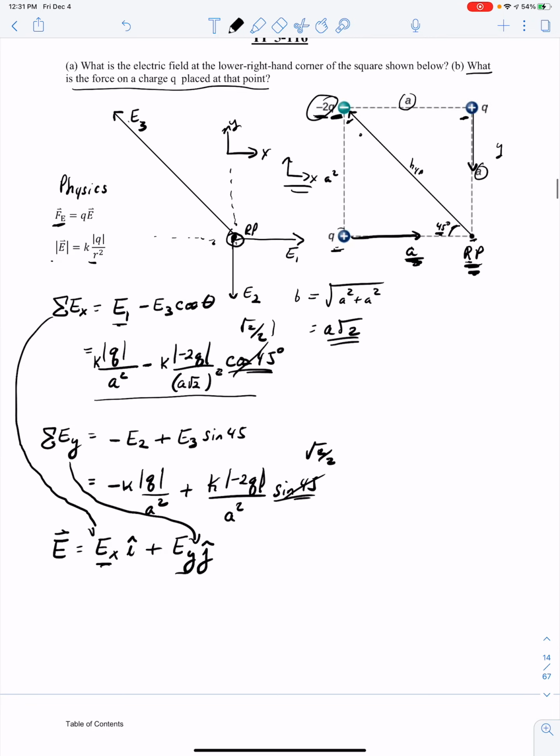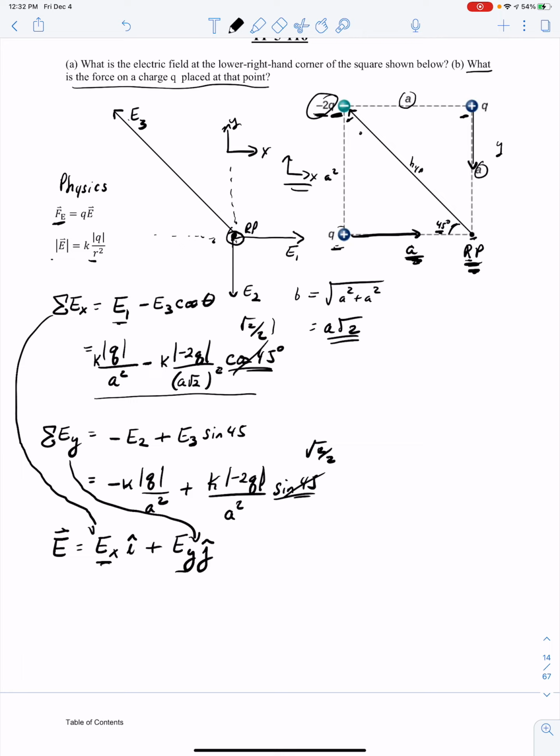It's important to leave it just as it is, because the question asks for the force on the charge Q placed at that point. We have found the electric field at the reference point. The only thing we need to do now is rewrite the equation and add that charge Q into our electric field.